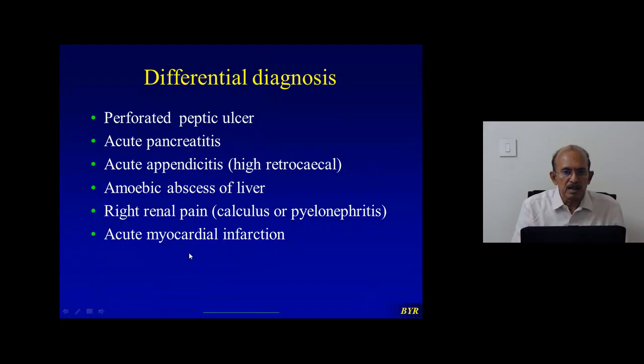Inferior wall infarction of the myocardium can manifest as pain in the epigastrium or hypochondric region. So you must always consider this in all upper abdominal cases in elderly persons. An electrocardiogram is a must in every case of upper abdominal pain past 40 years of age.